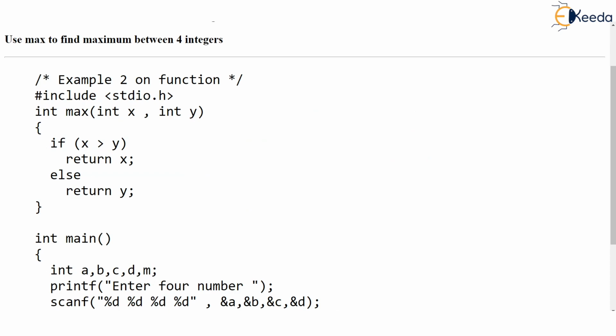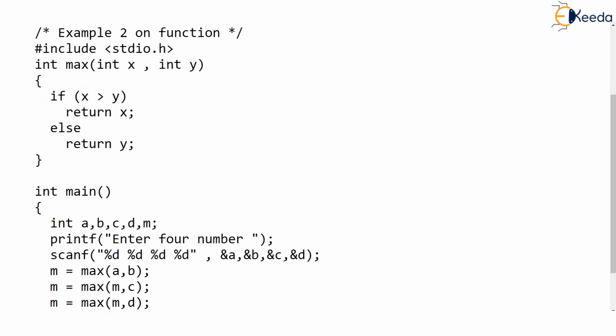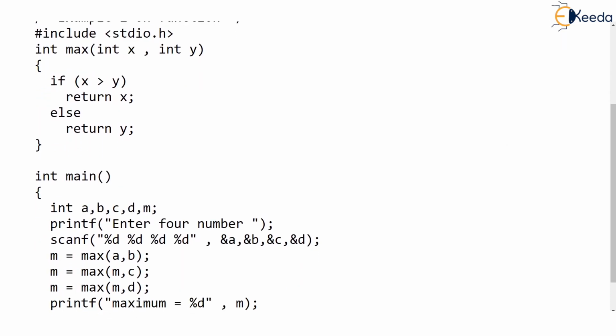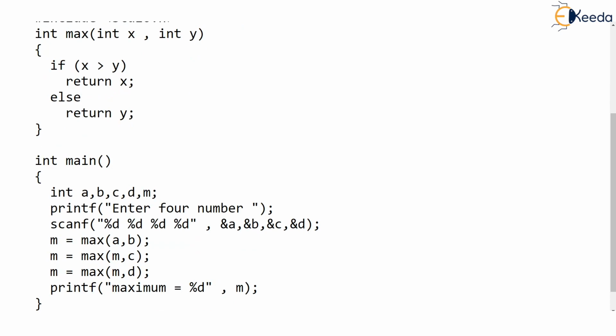Now have a look at the second part of the question. The second part says use max to find maximum between four integers. So here comes main. Main is going to use the function. Just check main. In main, we have four integers, a, b, c, d. And we are going to ask the value of a, b, c, d to the user.